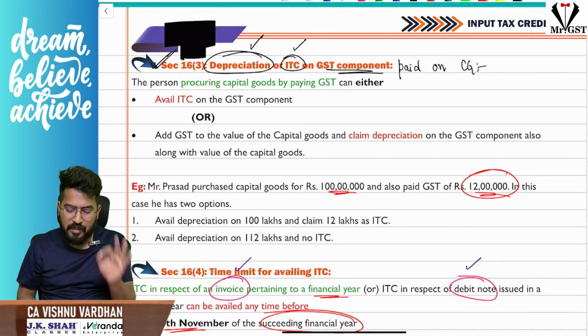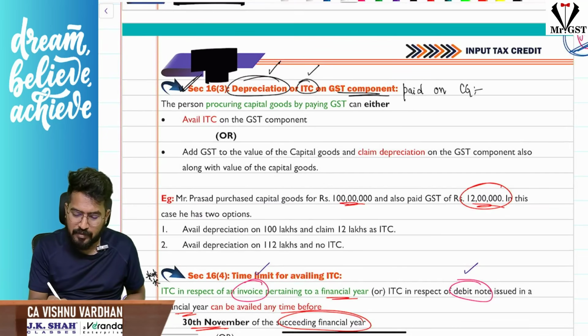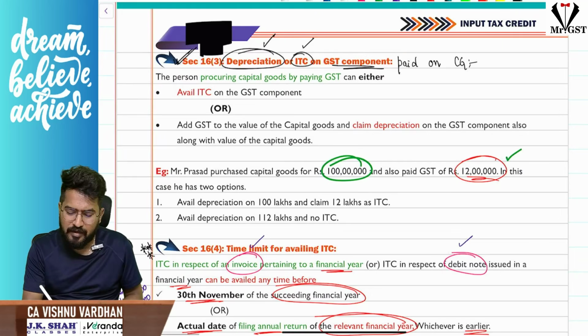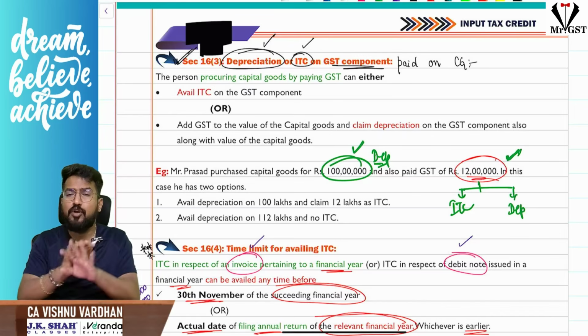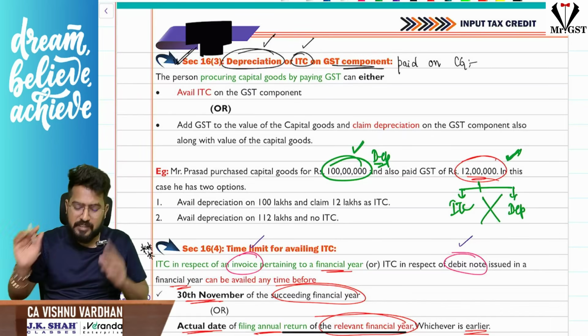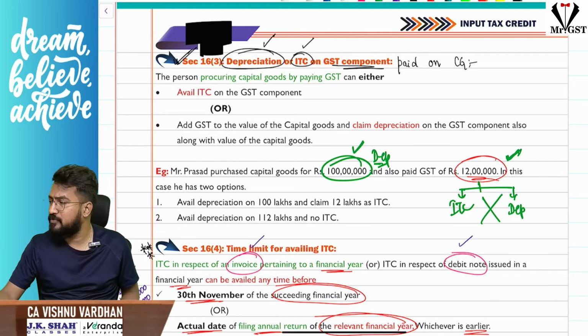So simple: you have purchased 100 lakh worth of capital goods and you have paid GST of 12 lakhs. This 100 lakhs, of course, you capitalize and claim depreciation on, no doubt about that. But on this 12 lakhs, you either take ITC or claim depreciation, but not both. Both are not possible. Clear? So that is 16 subsection 3.